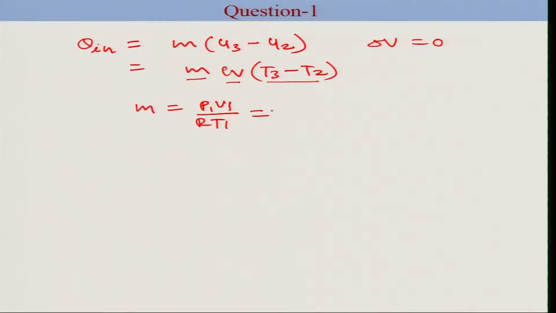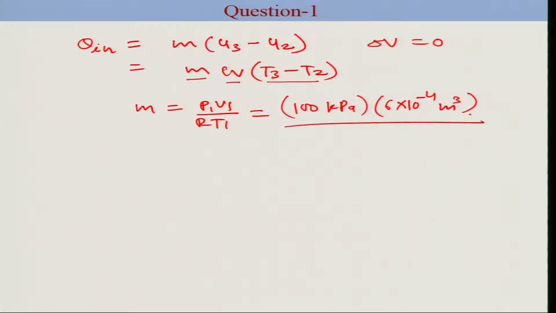After plugging in values of these variables, 100 kilopascal P1, volume given in the question, so it is 6 into 10 to the power minus 4 meter cube, divided by 0.287 kilopascal meter cube per kg Kelvin, and temperature T1, which is 308 Kelvin.